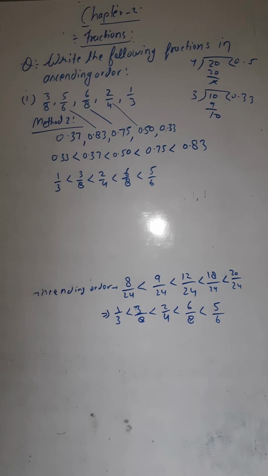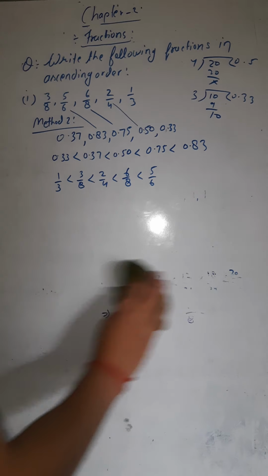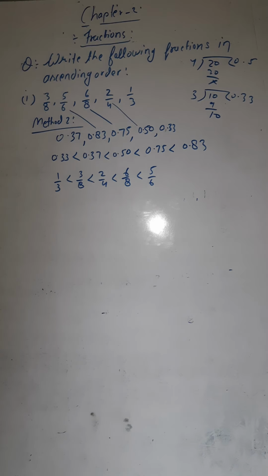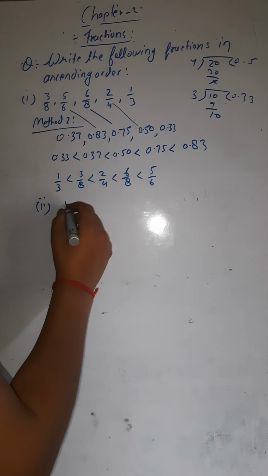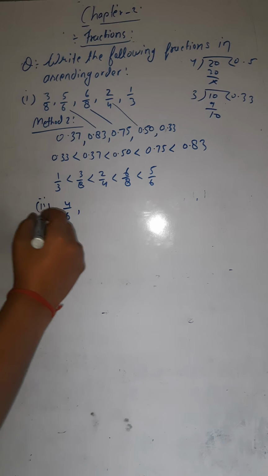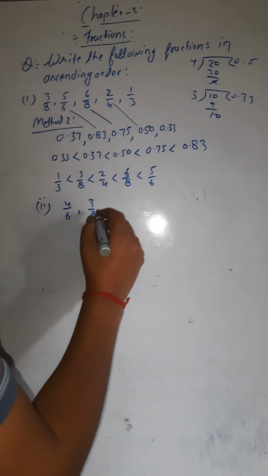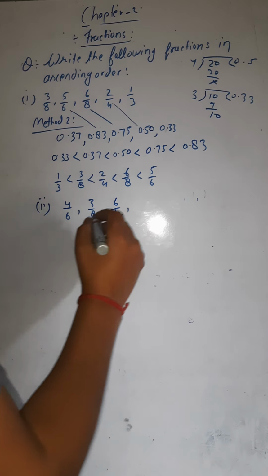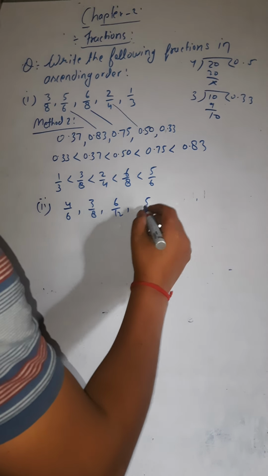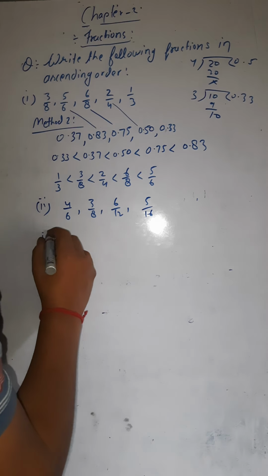Okay. Now one question I am giving for home, just write it down. That would be your homework. So next question would be question number 2. That will be your homework. Question is 4 by 6, 3 by 8, 6 by 12, and 5 by 16.